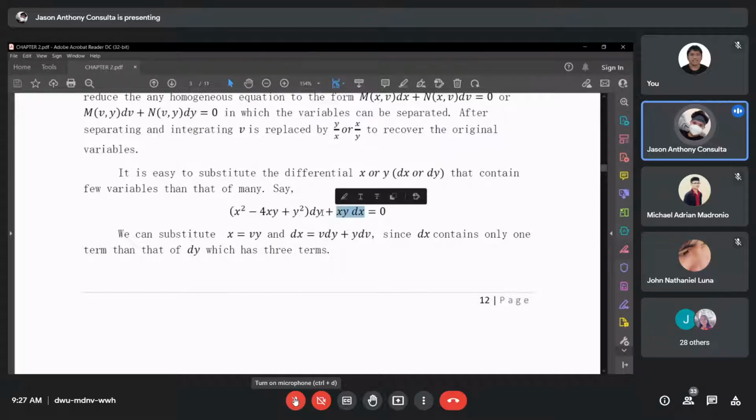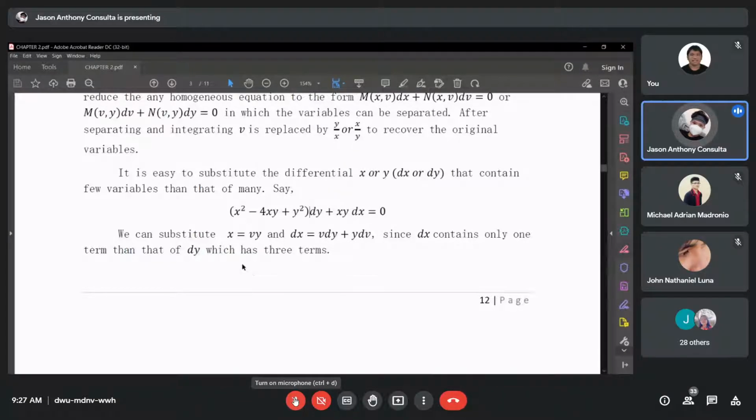Dx term ba or dy terms? Dito, ang dx contains only one term. Diba? xy lang. Unlike dy, three terms dito. So, ang simpler terms is yung dx term.